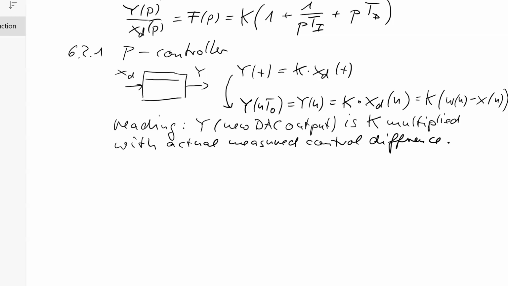This has to be done in each step. So for each sampling time you have to multiply your measured value with k, which is a floating point number. You need a floating point multiplication.